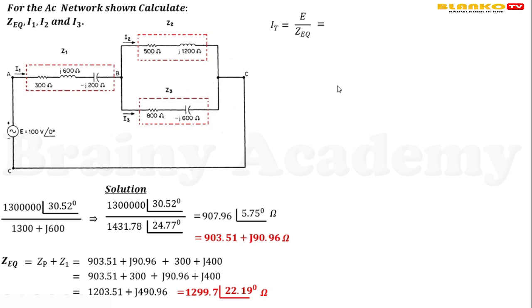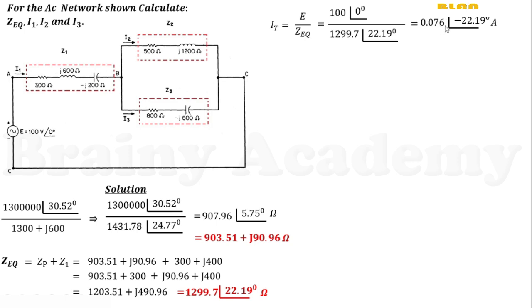So we have 100 angle 0 degrees, the supply voltage, over 1299.7 angle 22.19 degrees, the total impedance. When you divide, you get 0.076 angle negative 22.19 degrees amps. So the total current IT is equal to 0.076 angle negative 22.19 degrees amps.